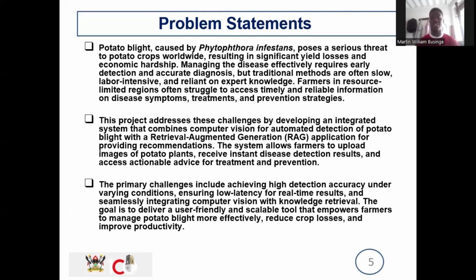We want to ensure low latency for real-time results. The model should be able to detect the disease as soon as possible and give the results very soon. And also, we want to integrate computer vision with knowledge retrieval, which is a bit challenging, but it's what we want to achieve. So our goal is to deliver a user-friendly and scalable tool that empowers farmers to manage potato blight more efficiently, reduce crop losses, and improve productivity.